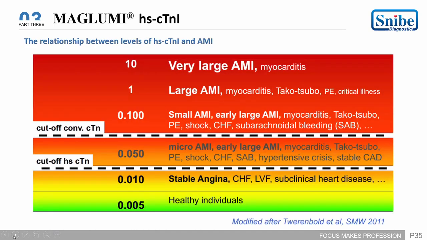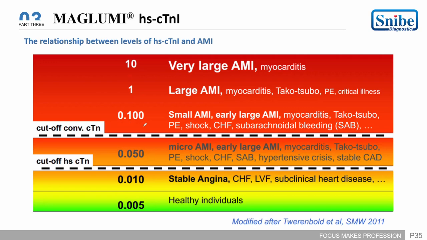So this is basically a relationship between the high sensitive cardiac troponin I and acute myocardial infarction. If we talk about the cutoff for the conventional troponin I, it is 0.1, 1 and 10.